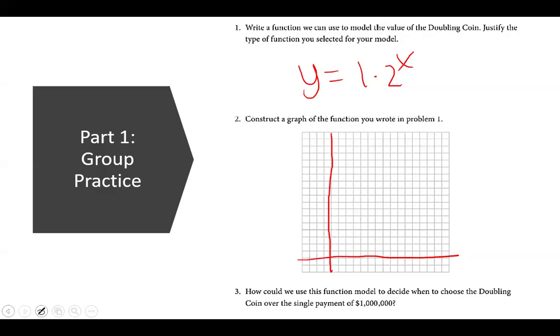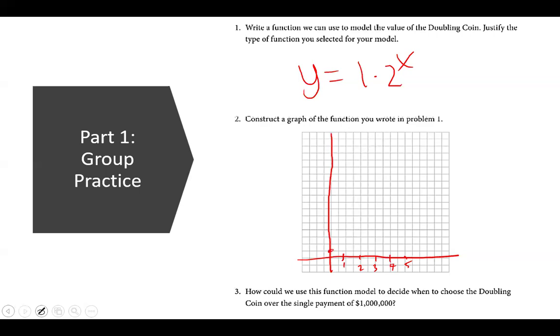I'm going to spread mine out just so I can have spaces to count. 1, 2, 3, 4, 5. And then we knew that at 0, we started off at 1.